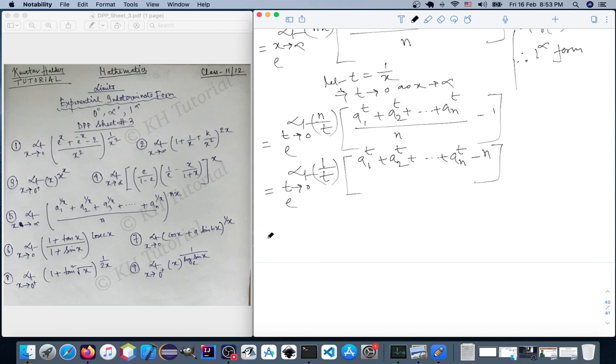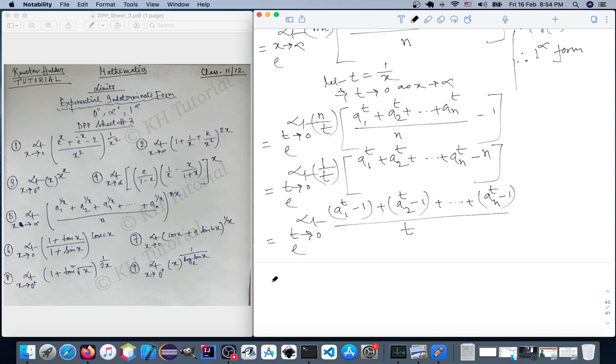So let's see, e to the power limit. We have this after simplification.